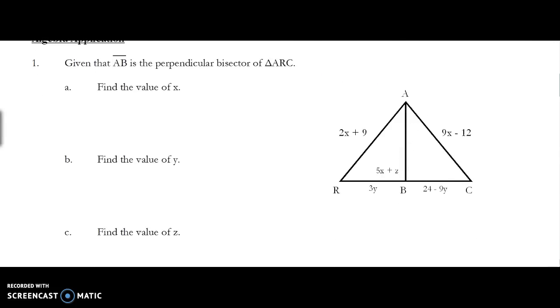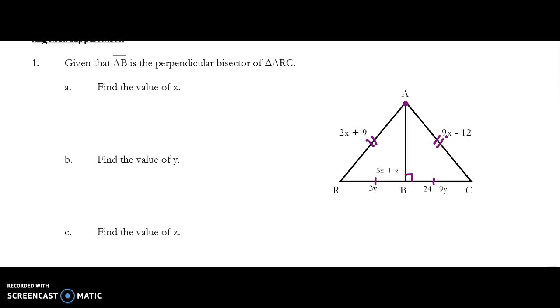So it says given AB is a perpendicular bisector to triangle ARC, we know that we form a right angle and we know these are congruent. Now notice how this point here is on the bisector. Therefore, we can say these two sides are congruent. Okay, that's only if it's on the bisector.